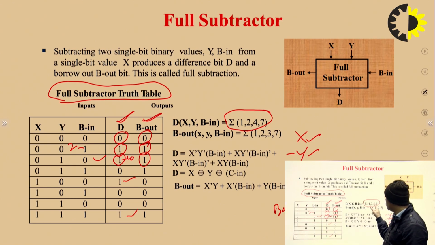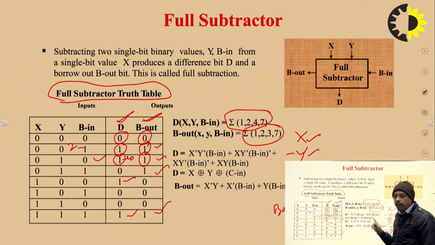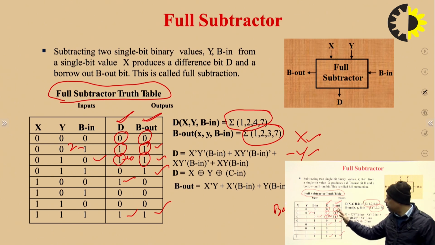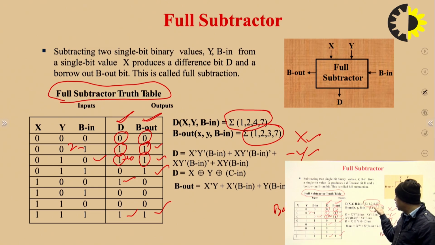So we have 1, 2, 4, and 7, and for the borrow out it is 1, 2, 3 and 7. So we have the output for the output variables D and B out in the combination of 1, 2, 4 and 7 and 1, 2, 3 and 7.